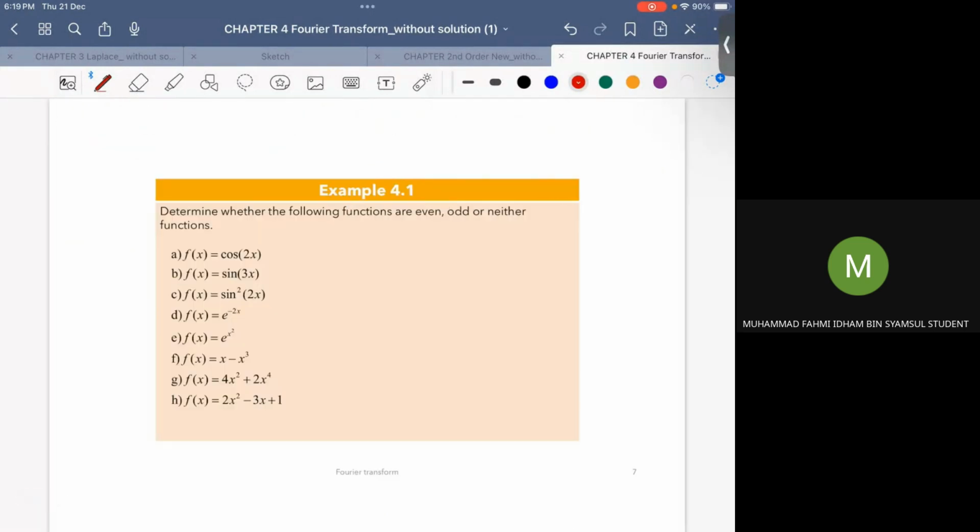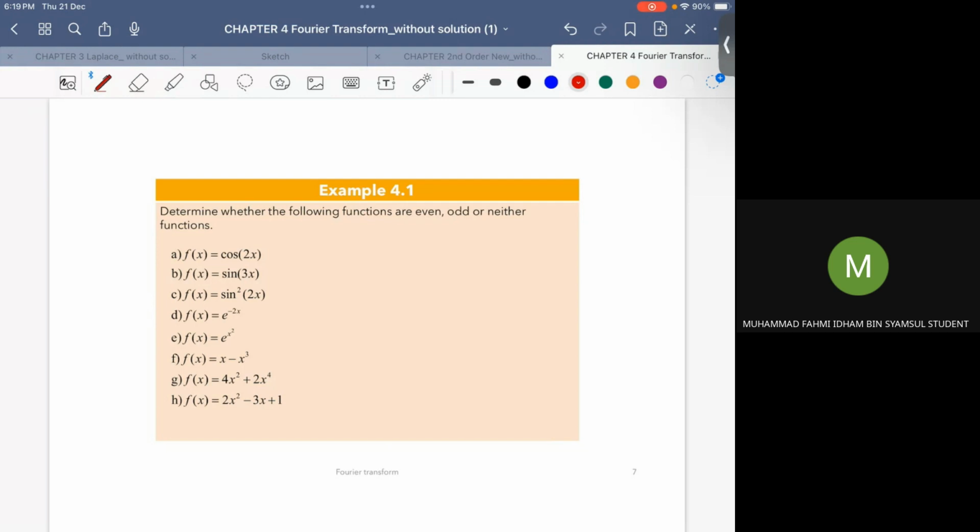Let's see example 4.1. Determine whether the following functions are even, odd, or neither.